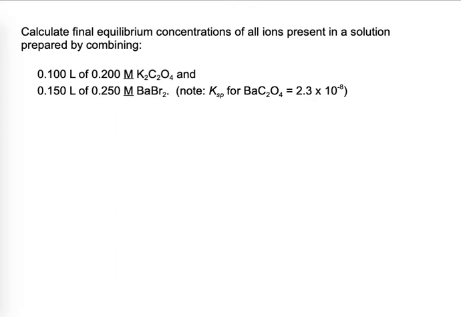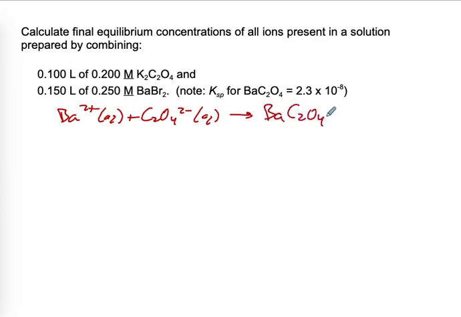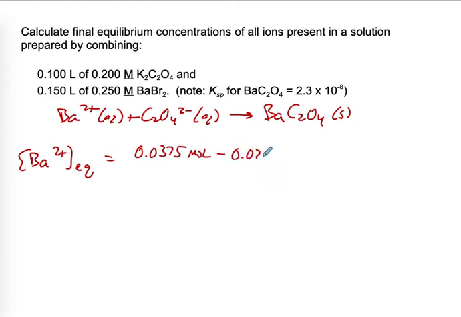So our reaction that takes place is barium 2+ reacts with oxalate to form solid barium oxalate. Let's calculate the equilibrium concentration of barium 2+, which we said was the excess cation. So that will be equal to the 0.0375 moles that we started with minus 0.0200 moles that reacted.